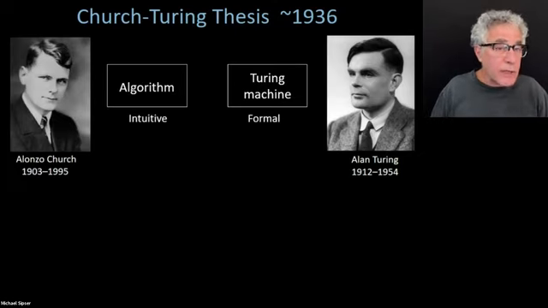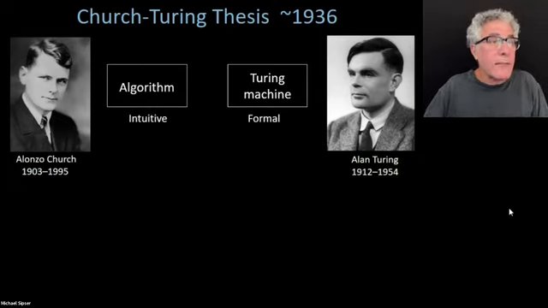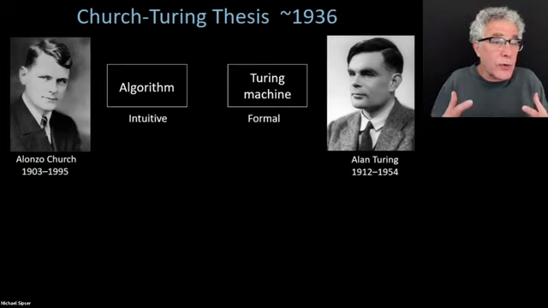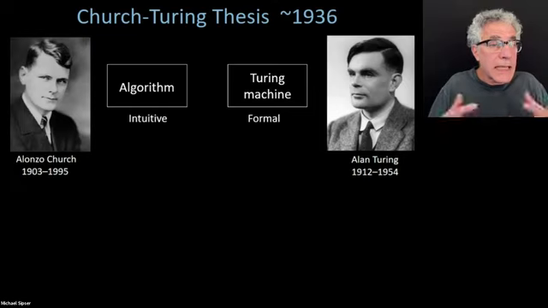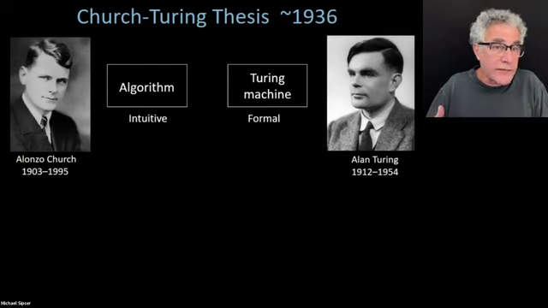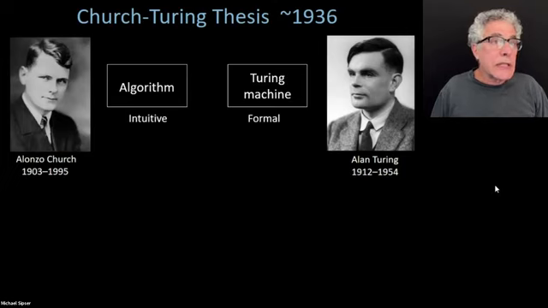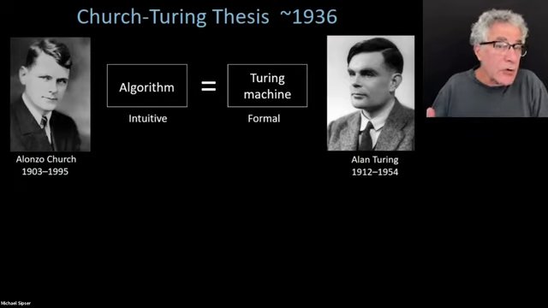That wasn't obvious from the get-go to these folks. So they observed that all of the different efforts at formalizing algorithm were equivalent to one another. That was a breakthrough moment when they realized that, once they got the idea, all reasonable ways of doing it are always going to be equivalent. That suggested they had really captured this notion of algorithm by any one of those methods, say a Turing machine.